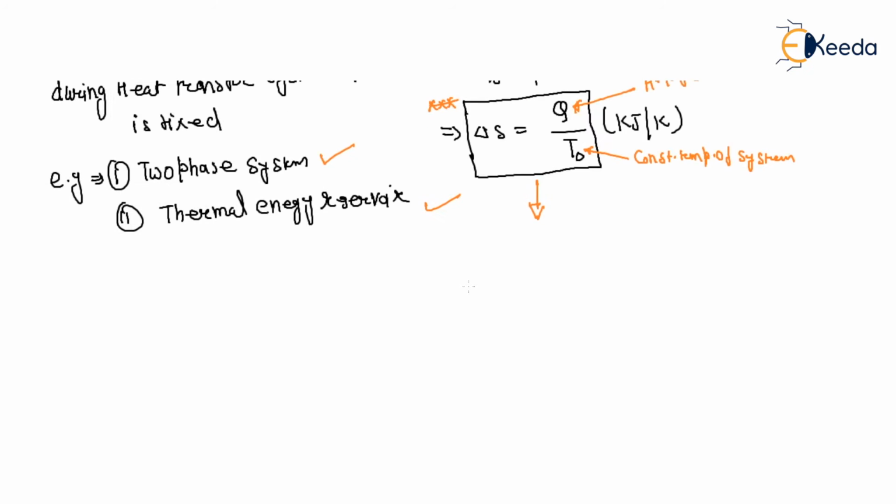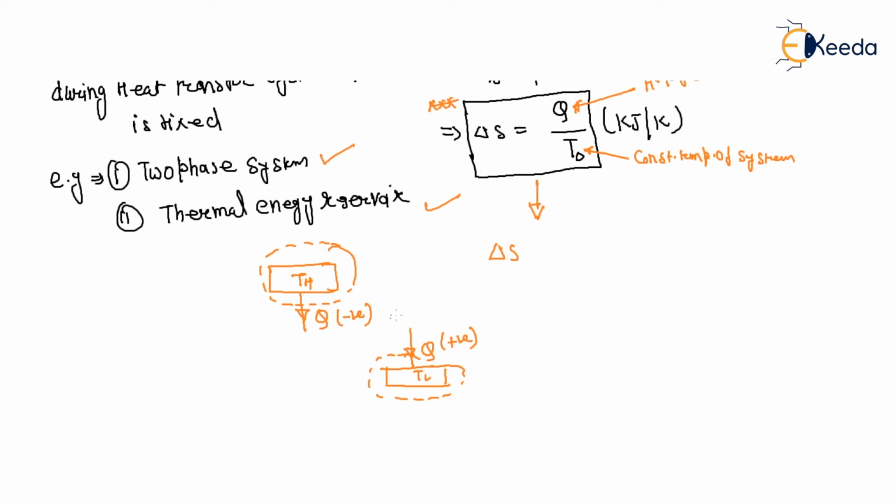Now, the entropy change delta S. If this is your thermal reservoir at TH, and it rejects heat Q, and another thermal reservoir at TL absorbs heat Q, then for the system rejecting heat Q is negative, and for the one absorbing it is positive.